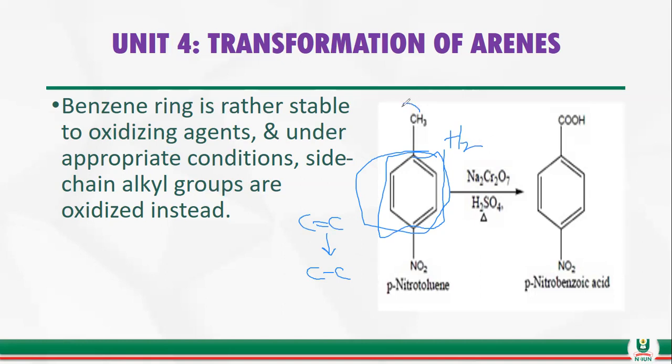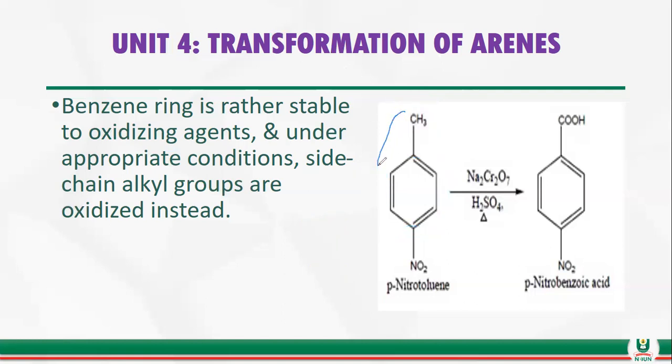However, if there are aliphatic group like CH3, C2H5 that are attached to your benzene ring, something can happen to those aliphatic group. So when you have this, for example, we have methylbenzene, 4-nitromethylbenzene, and methylbenzene is also known as toluene. A benzene that has a methyl group attached to it is called a toluene.